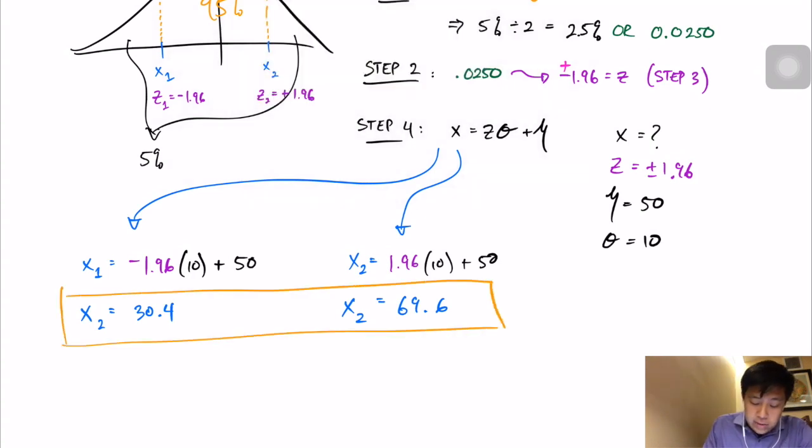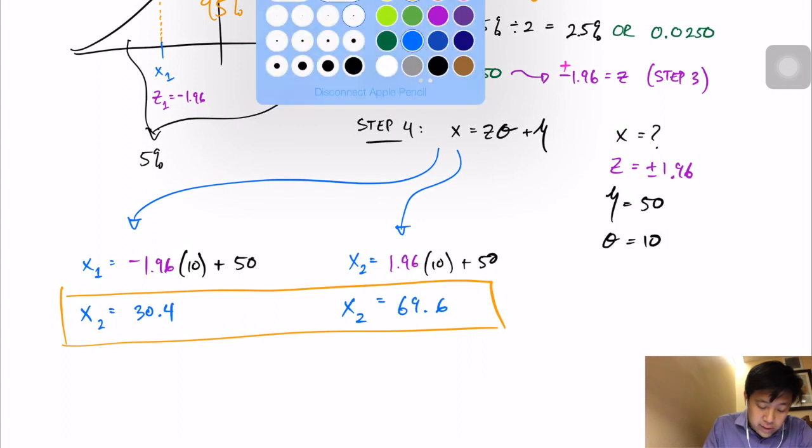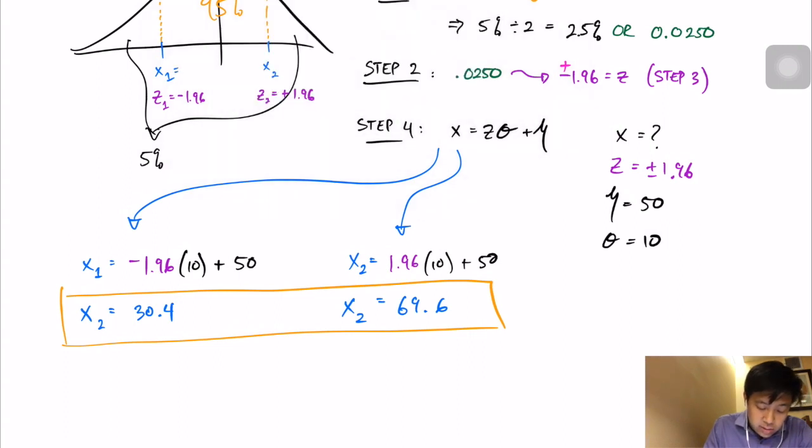And we can write down these answers into our graph so that it can make sense visually. 69.6. And there you have it. You have 95% of the data from the middle. Okay, that means we have 5% on the two tails. Well, we can't use 5% because there's a left and a right side, but our z-table only reads from left to right. That's why I divide by 2. That's why we have 2.5%, and that's why we use the decimal version, 0.0250.